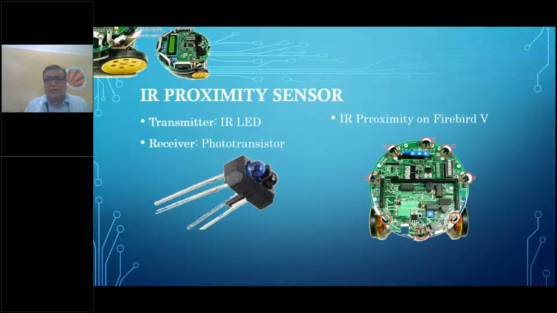It uses an IR LED, the same infrared LED, and the receiver is a photo transistor. On the firebird board you can see about 5 or 8 proximity sensors available. Proximity sensors are used on all sides because we can move the robot in any direction.